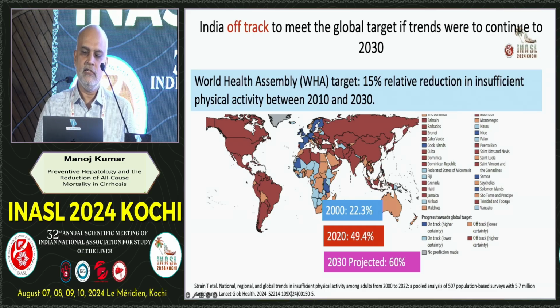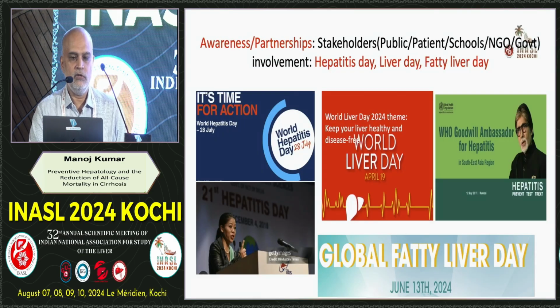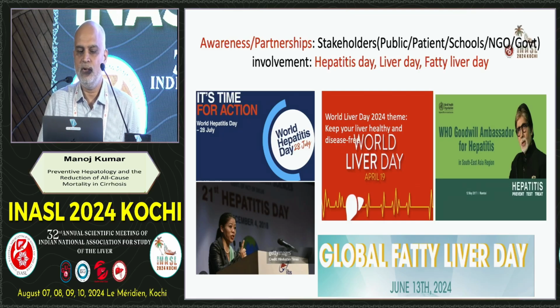WHO has the target of a 15% reduction in insufficient physical activity between 2010 and 2030. In 2000, insufficient physical activity was 22.3%. In 2020 it was 49.4%, and 2030 is projected to reach up to 60%. So awareness and partnerships are very important.